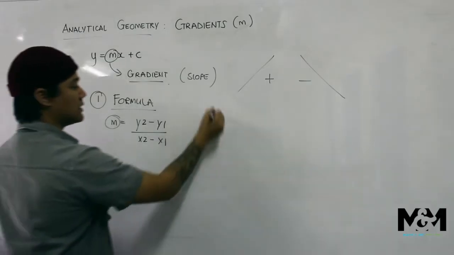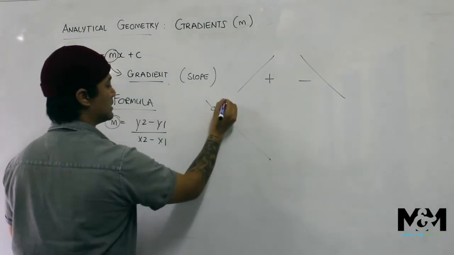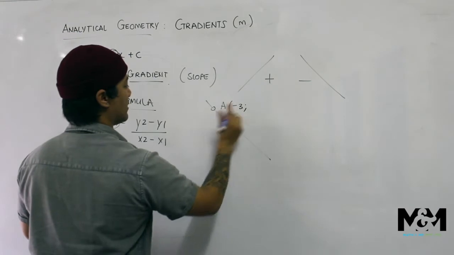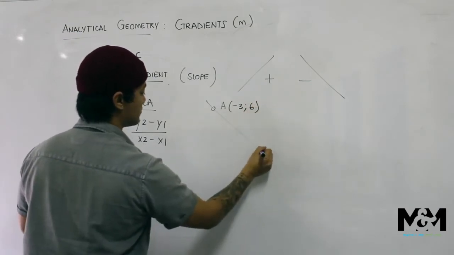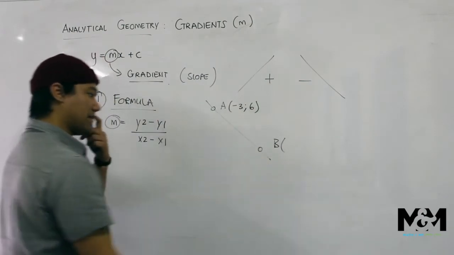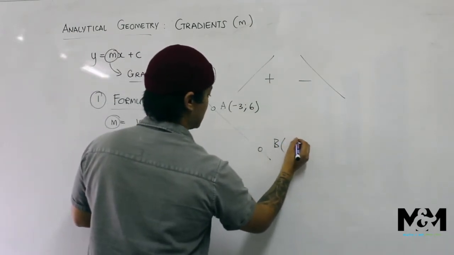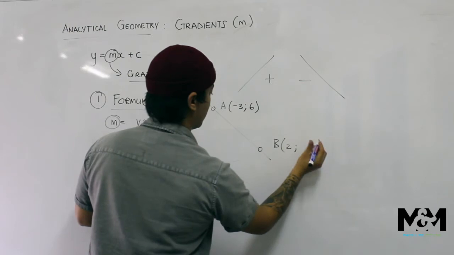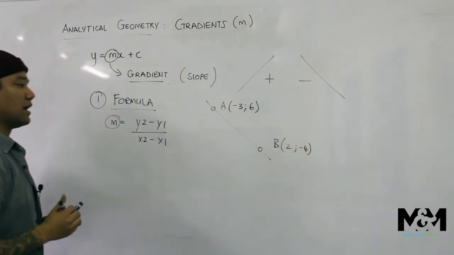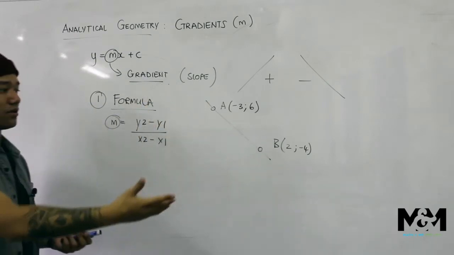Let's say this coordinate is A(-3; 6), and B, also on the same line, is (2; -4), and I want to know the gradient of line AB.